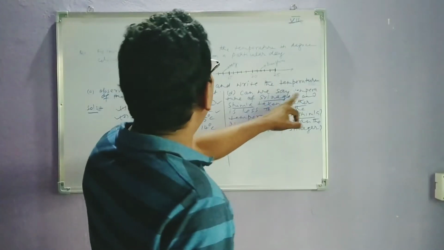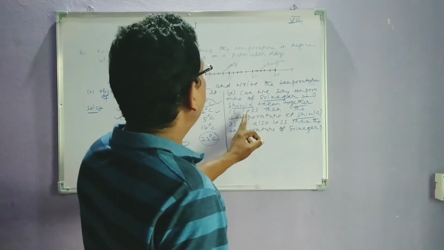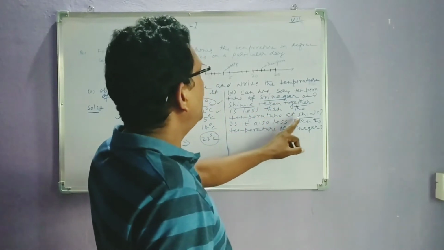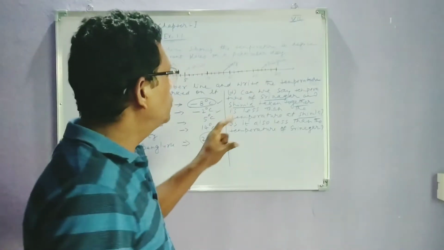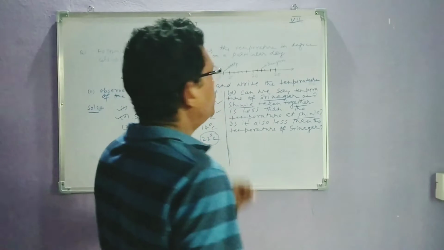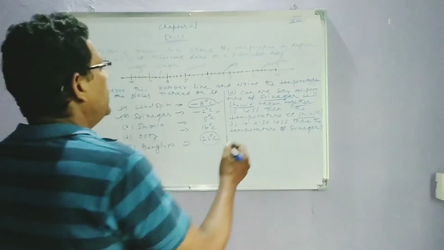Can we say temperature of Srinagar and Shimla taken together is less than the temperature at Shimla? तो जब दोनों का टेम्परेचर इकट्ठे लेंगे तो क्या वह शिमला के टेम्परेचर से कम है या ज्यादा है? तो देखते हैं.